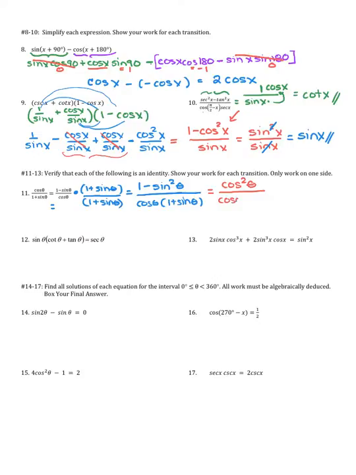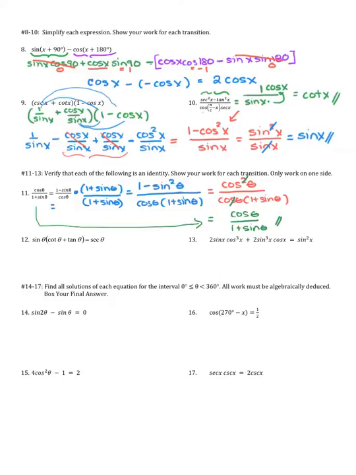So I still have cosine theta times 1 plus sine theta on the bottom. And this squared cancels with that, so that I have cosine theta on top over 1 plus sine theta, and that matches with our other side. So we're done.